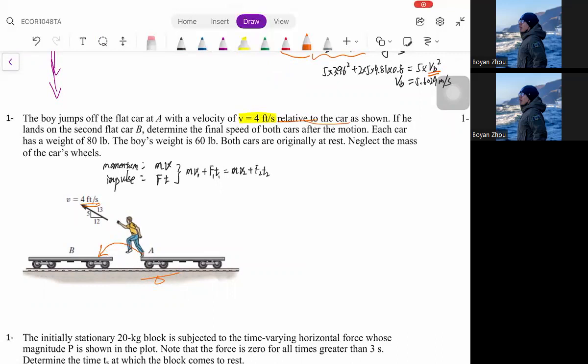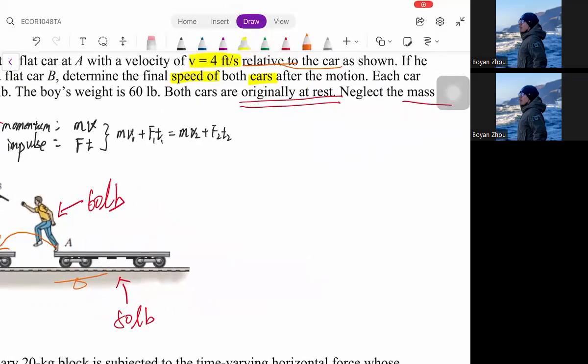We need to determine the final speed of both cars after the motion. The mass of each car is 80 pounds, the mass of the boy is 60 pounds, everything starts from rest, and we neglect the mass of the wheels.